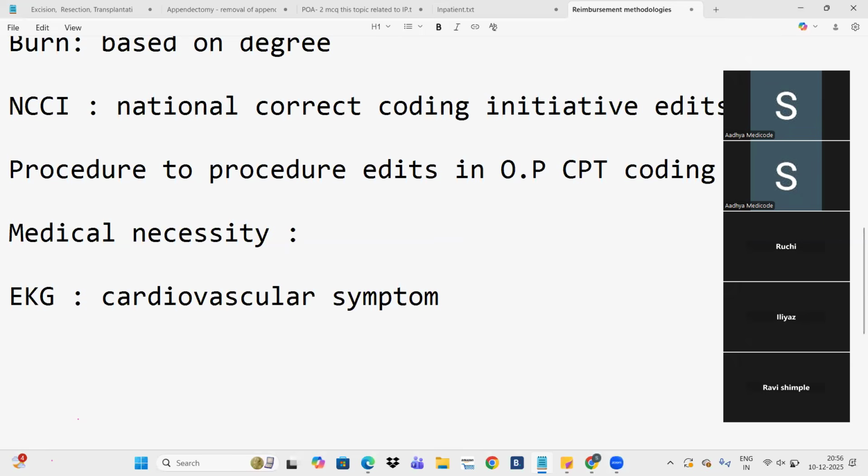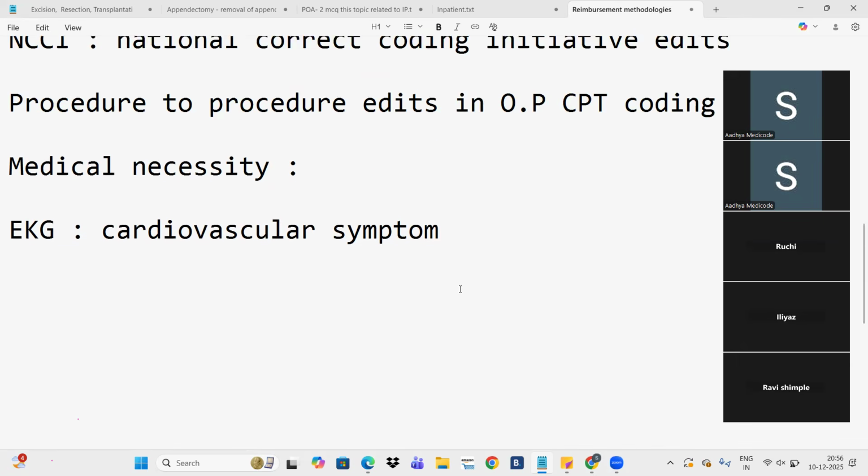Okay, whenever we are not adding the relevant diagnosis to the particular procedure or diagnostic study, it will show a medical necessity edit. Please provide the medical necessity of the particular diagnosis. Here we have two edits based on medical necessity, NCD and LCD.